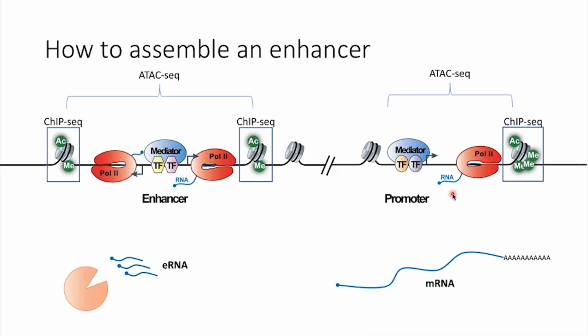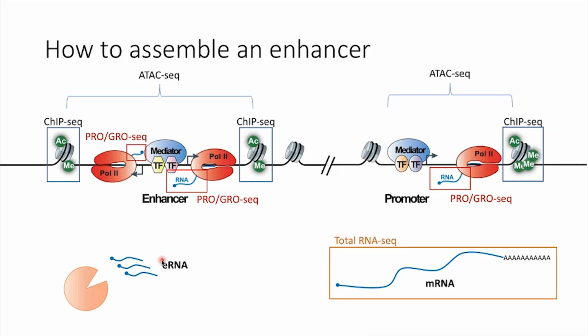Studies by us and others have identified widespread bidirectional transcription at enhancers, mostly producing these short, rapidly degraded eRNAs. And we have a variety of techniques to detect nascent RNA, and particularly I'll be talking about PRO- and GRO-seq. And then steady state RNA can be measured by total RNA sequencing.